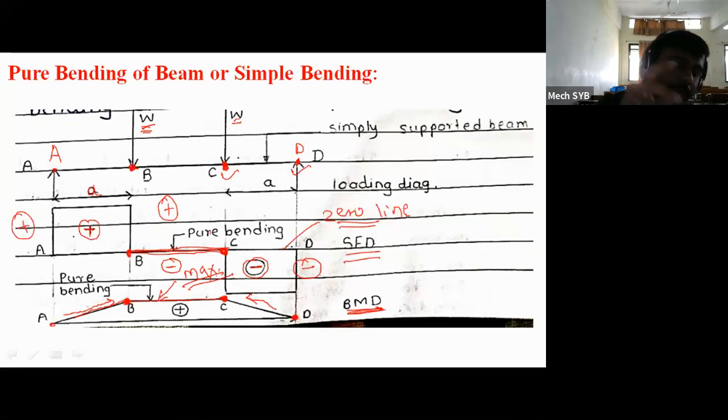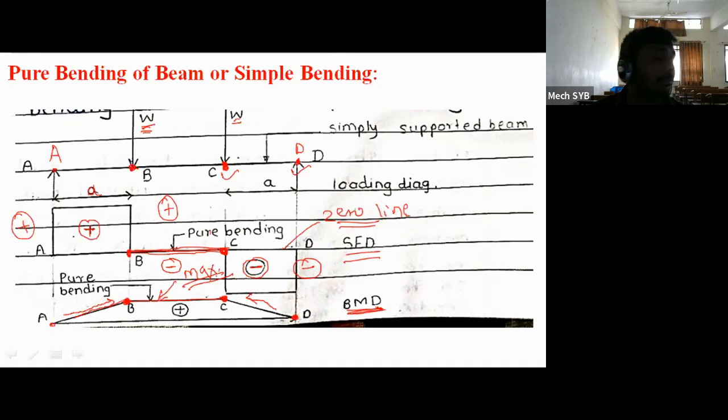Means if your beam is subjected to the maximum bending moment in the portion BC, and if we observe the same portion in SFD, what is that? Shear force value is equal to 0.